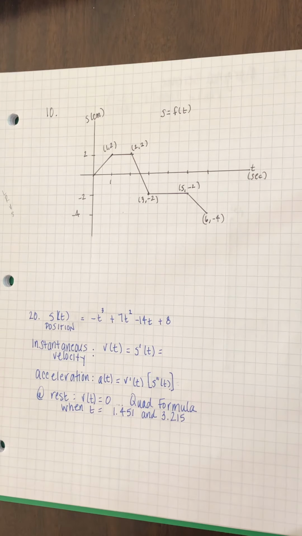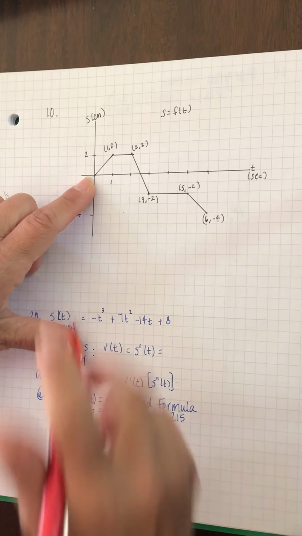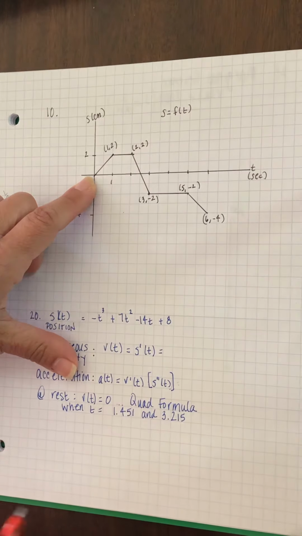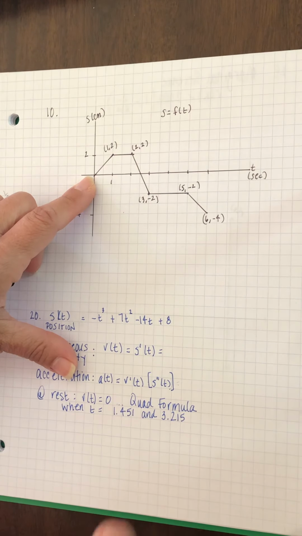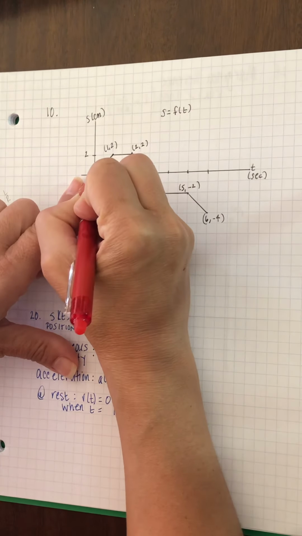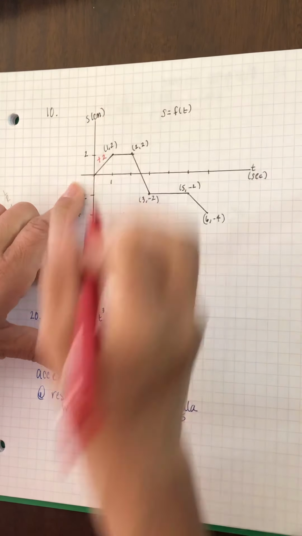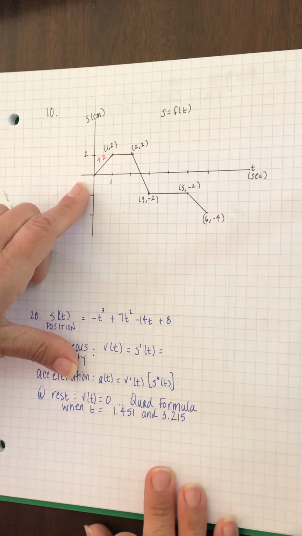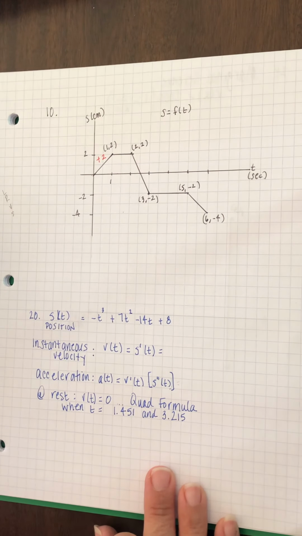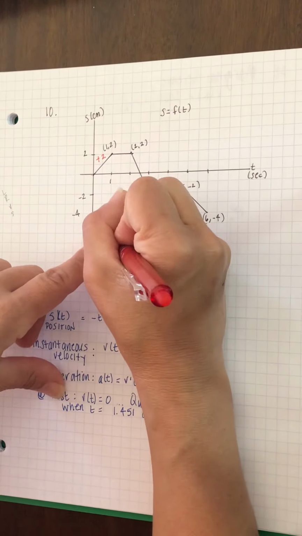Okay, so from 0 to 1, I'm going to answer parts A, B, and C all at once. From 0 to 1, the slope is +2. Positive, therefore the particle is moving to the right.